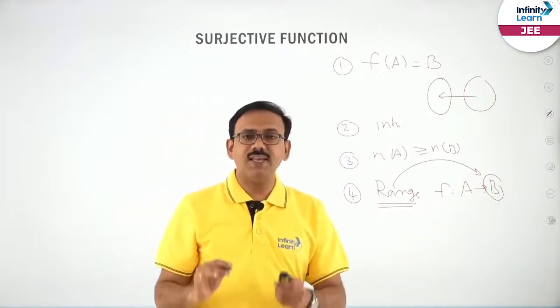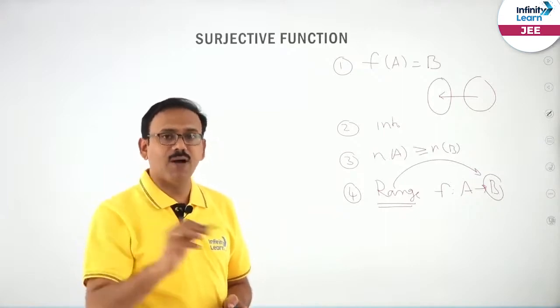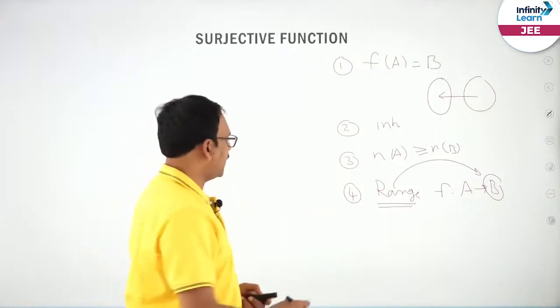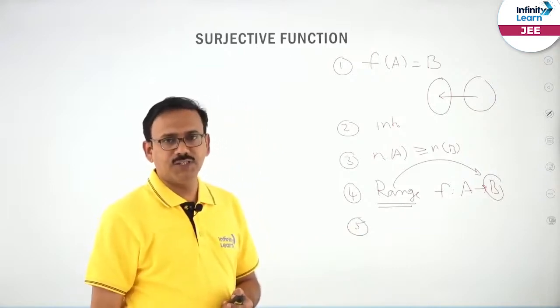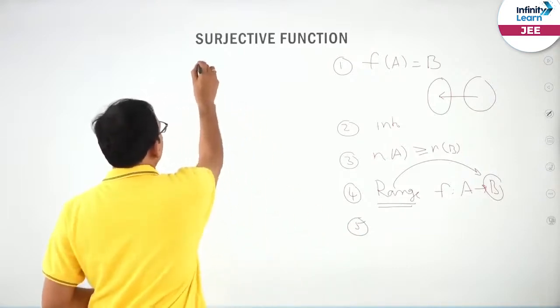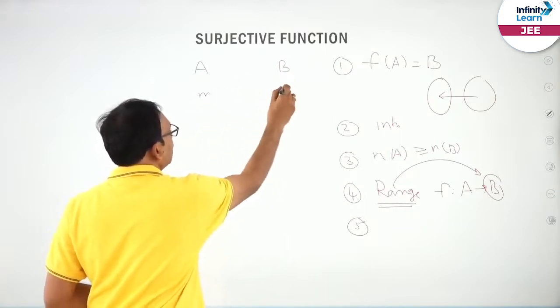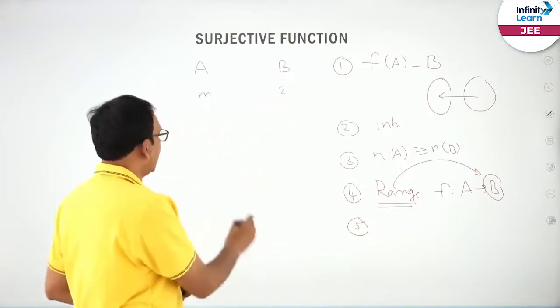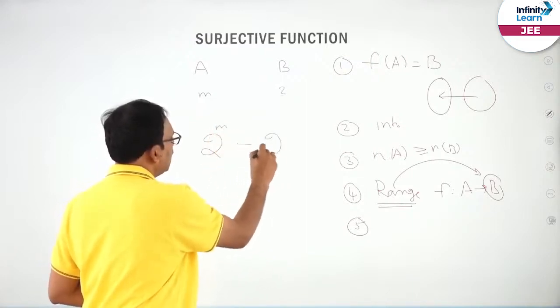So, while checking whether a function is onto or not, finding the range is an important concept. Then friends, fifth one, number of onto functions. Suppose A, B are finite sets, A has m elements, B has 2 elements, then the number of onto functions is the total number of functions minus 2.